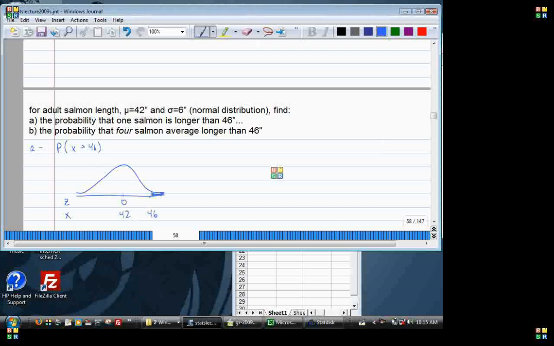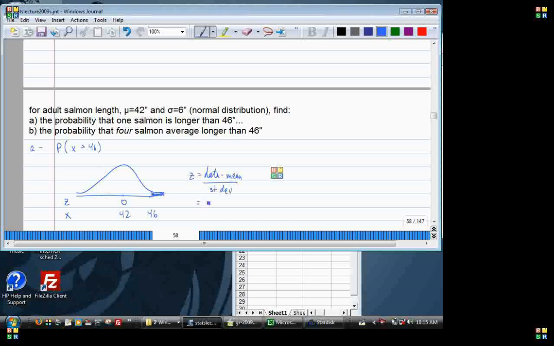I want to go through all the steps so you can see what's going on. First we're going to find the z-score. How do we find the z-score? Remember, we have an x value, we need to find the z-score. So we do data value minus mean, over the standard deviation.